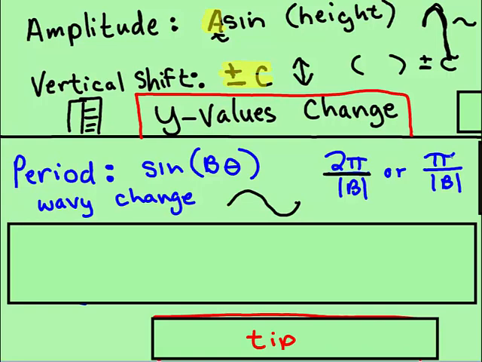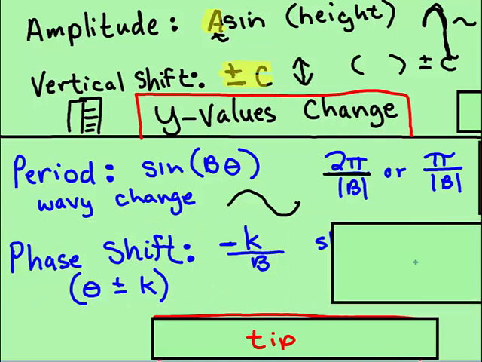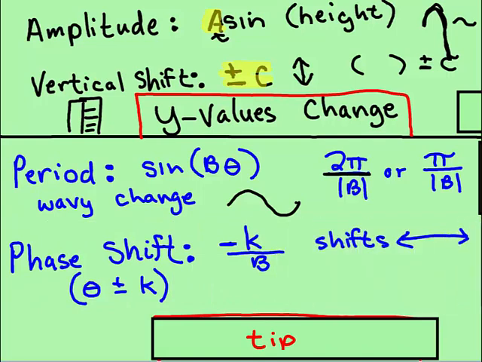For tangent or cotangent, the normal period is pi, so it's pi divided by the absolute value of b. Then the phase shift, which is also on the inside of the parentheses, you're going to take the opposite of k and divide it by b. And that is how it moves left or right.